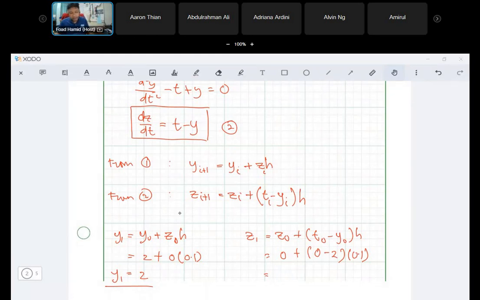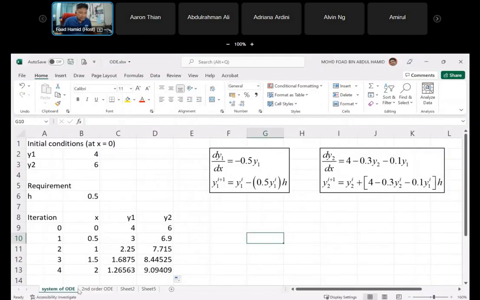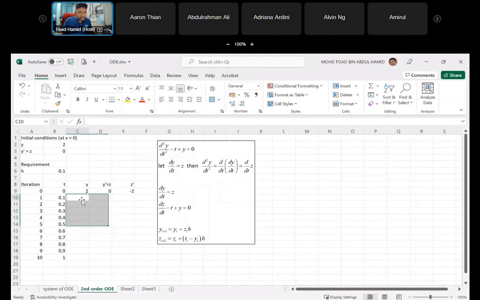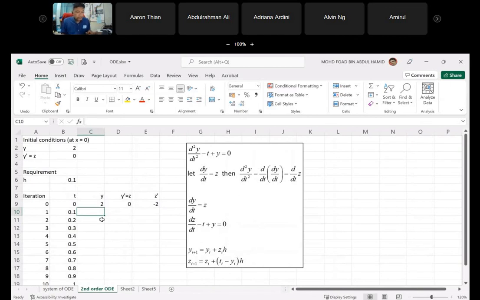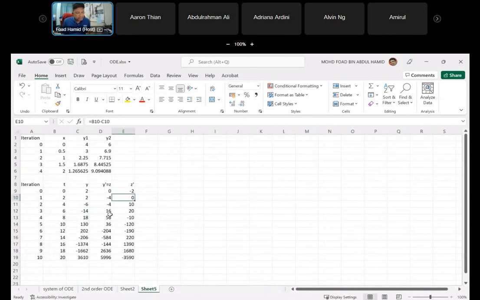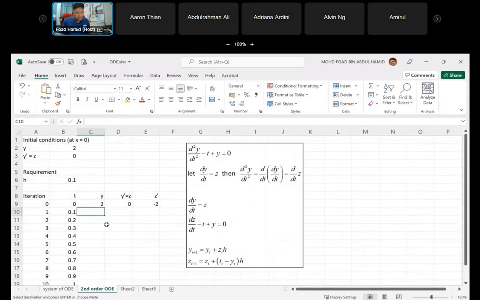So let me double check. Okay, let's look at my Excel here. So my Excel here is okay. So this is the first. Oh, I don't have the solution here. Oh, okay, I think I have the solution here. So let me copy this and put it back here.